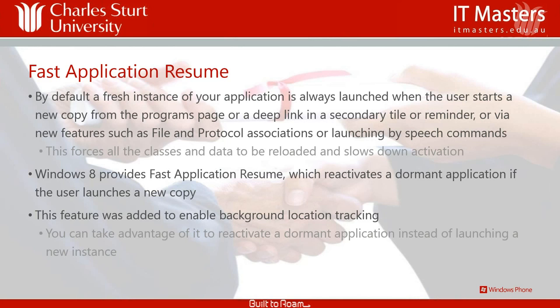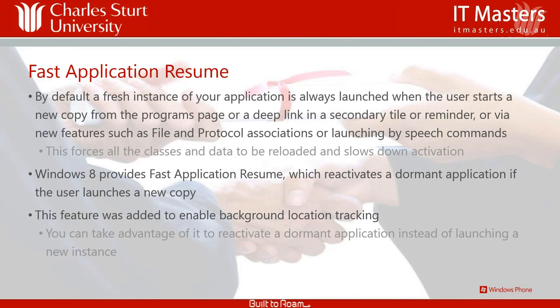This would normally take them to, say, page 2 of your application. What it's going to do is tear down the current instance of your application that's in memory, relaunch your application and go directly to page 2. With Fast Application Resume, we can bypass that process of tearing your application down and relaunching it, thereby making it much quicker to launch your application again.